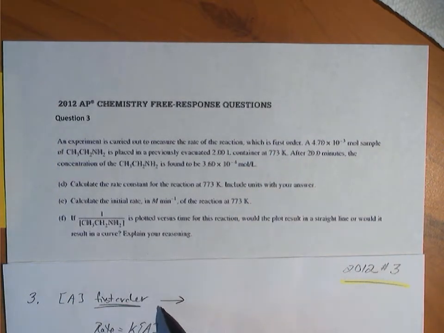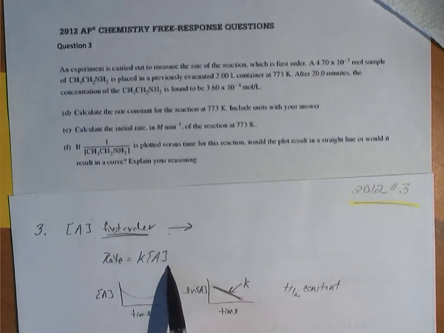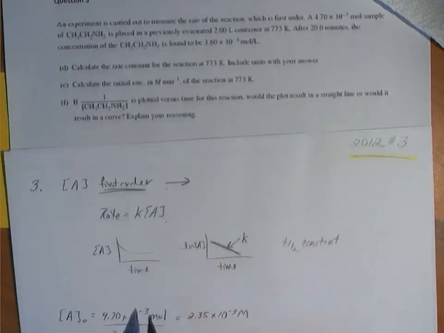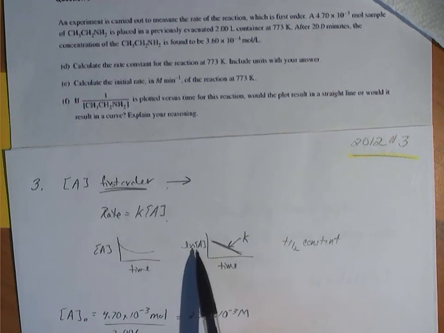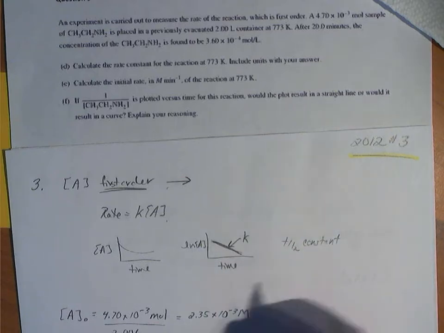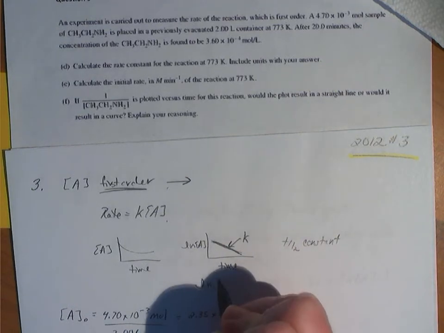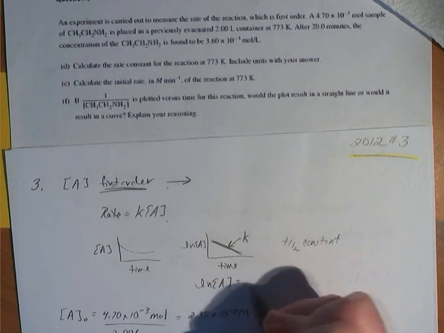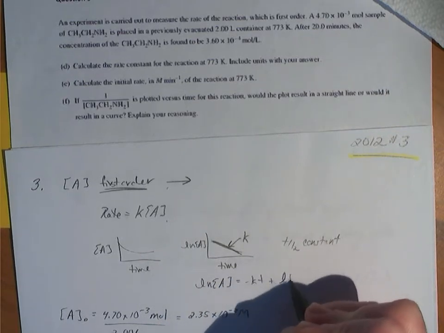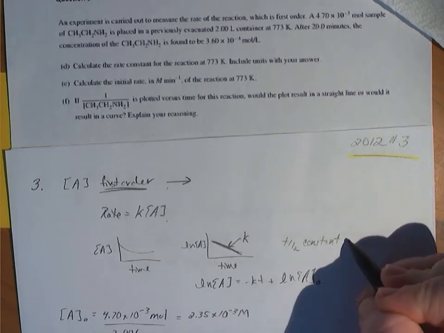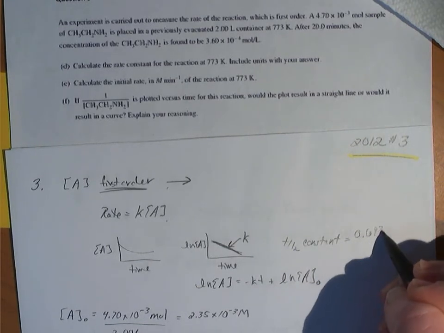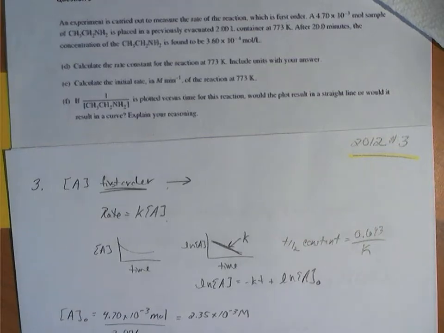So immediately, as soon as I know it's first order, I know my rate law would look like this, and I know the graph of natural log of concentration versus time is that, per the integrated rate law that is on the equation sheet for a first order reactant, and I know that half-life is constant for a first order, and that is 0.693 over K, also on the equation sheet.